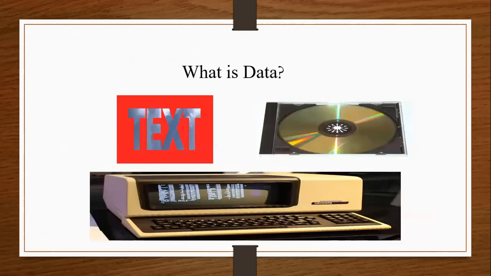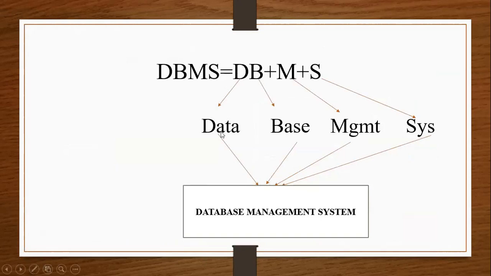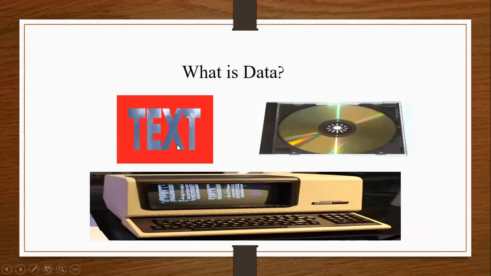After understanding what is data, I'll repeat it once again. Data is nothing but a known fact which can be recorded and stored and also has implicit meaning. So here we have textual data, numerical data, audio data, and video data.